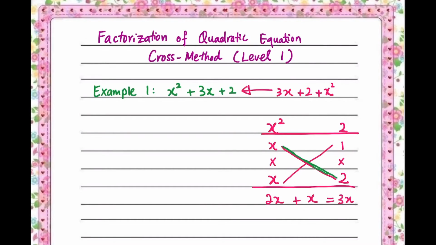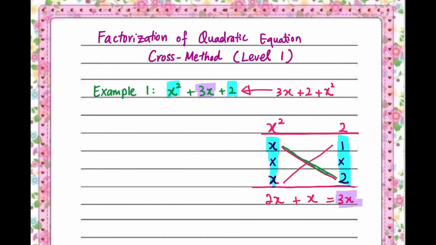Now here is the important thing. If you're doing it the right way, then this number 3x should match the middle term. And when you multiply these two together, they should become the first and last term, just like you can see in this question. It is true.